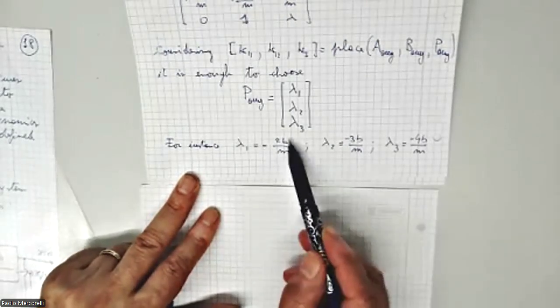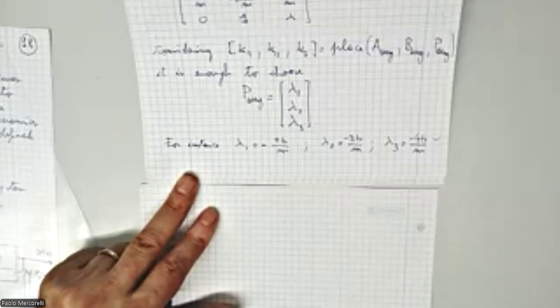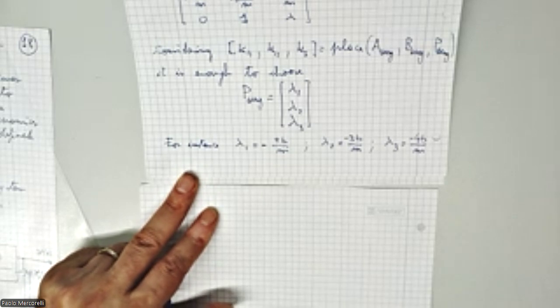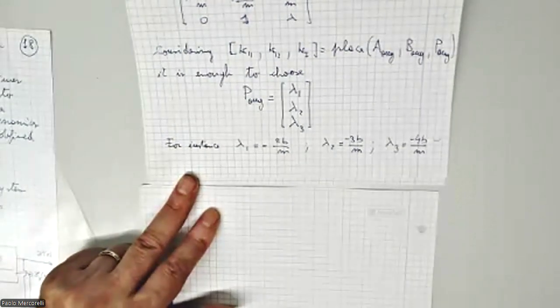Now, I don't know if you remember, we calculated the eigenvalues of a car, let me say so, or better to say the real part, to be precise, at least 2 times the smallest absolute value of the real part of the original system, of the physical system.